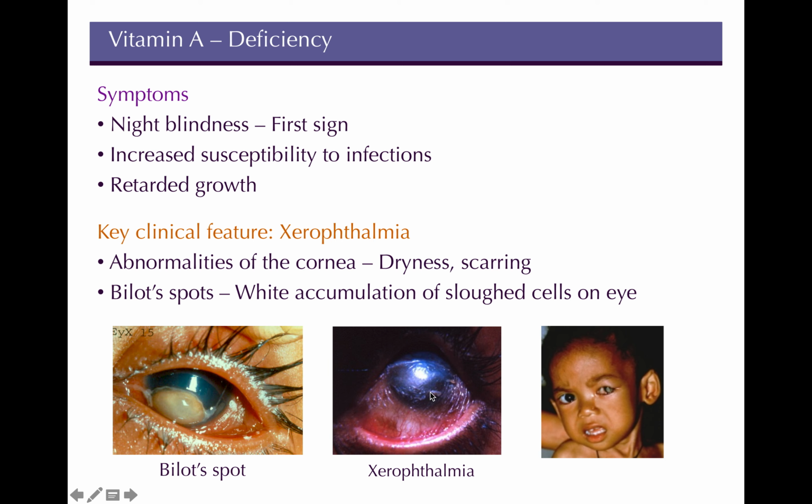That's a white accumulation of slough cells on the eye. So if you end up working in countries where vitamin A deficiency does affect children, these are the main ways that they first diagnose a vitamin A deficiency. It's called xerophthalmia, so dryness and scarring of the eye, and then this white slough cell accumulation called a Bitot's spot.